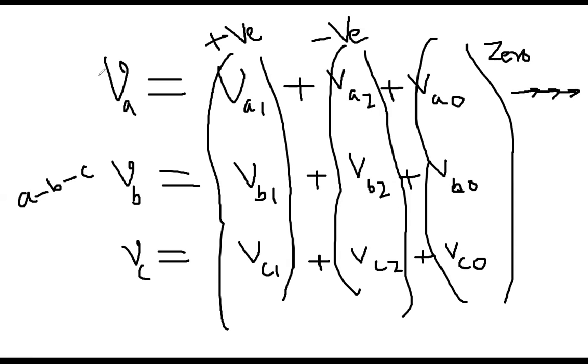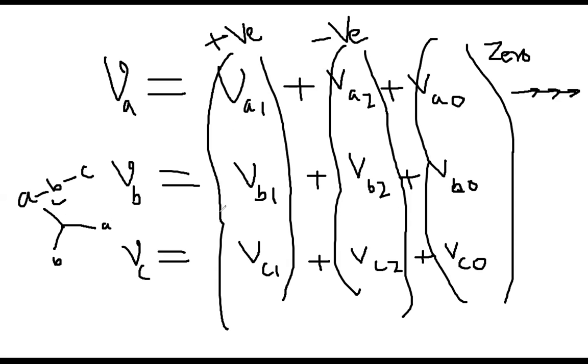But now come back to the original, VA, VB, VC. I said their phase sequence was ABC. This means this is A, this was B, this was C. Now look at this set, the positive sequence set VA1, VB1, VC1. This is now a balanced system. This is also a balanced system. This is also a balanced system. All three sets are balanced three-phase systems.